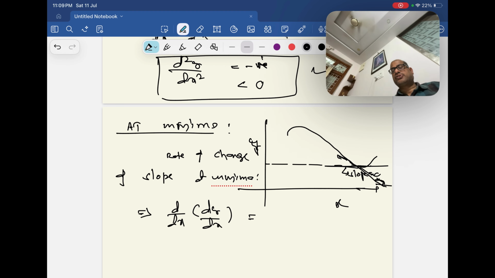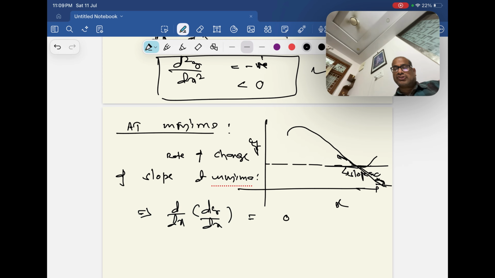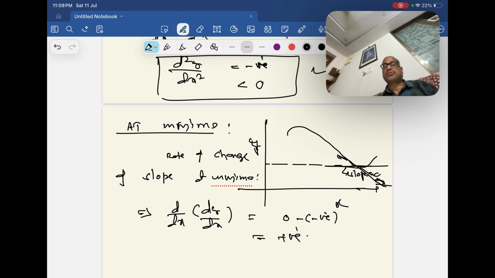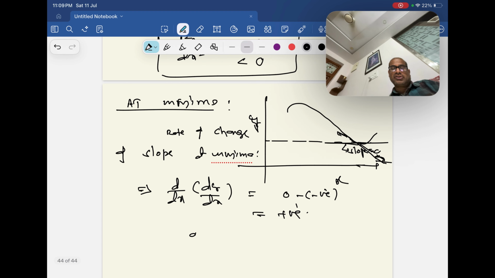Just before minima it is negative, at minima it is 0. So the change is 0 minus negative, which becomes positive. So the variation of slope, d by dx of dy by dx, becomes positive.